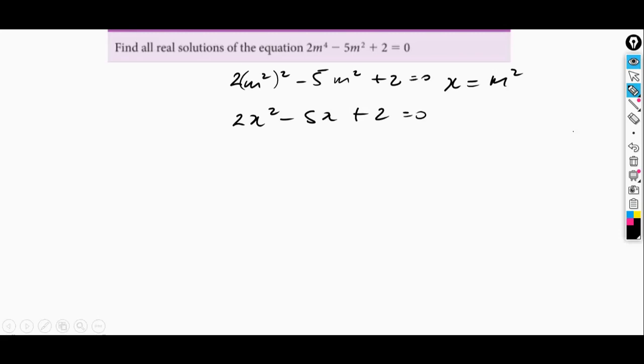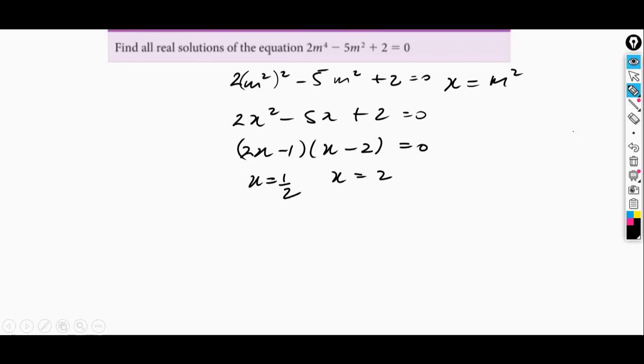So this is pretty easy to factor because this is simply going to be 2x minus 1 times x minus 2. Okay, therefore the solution should be x equals 1/2 or x equals 2.